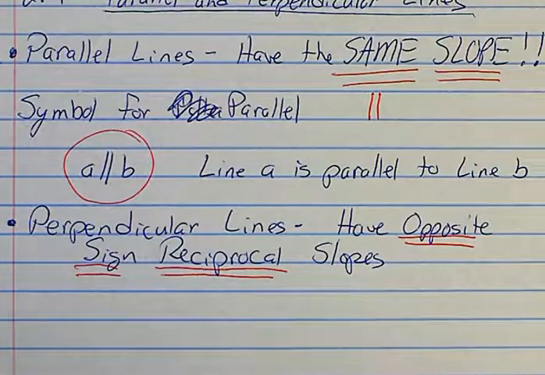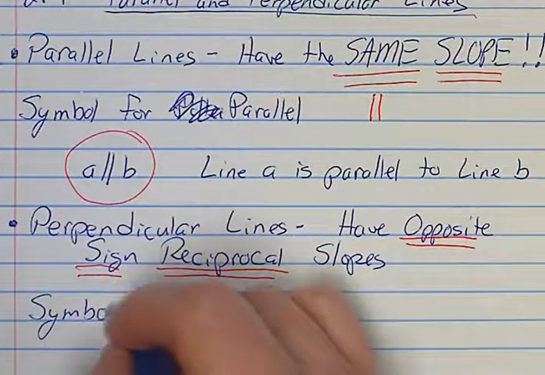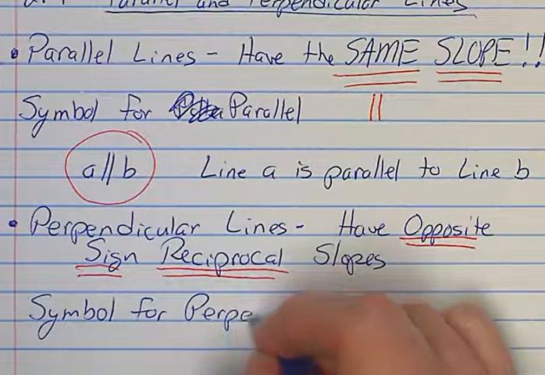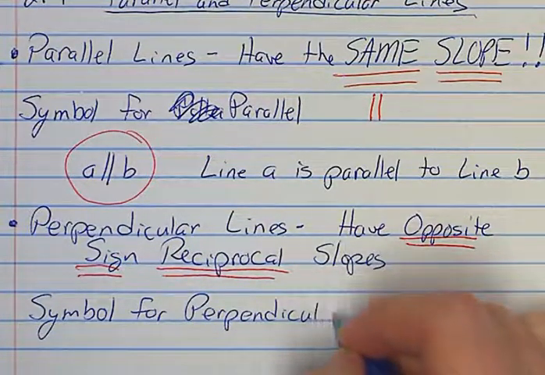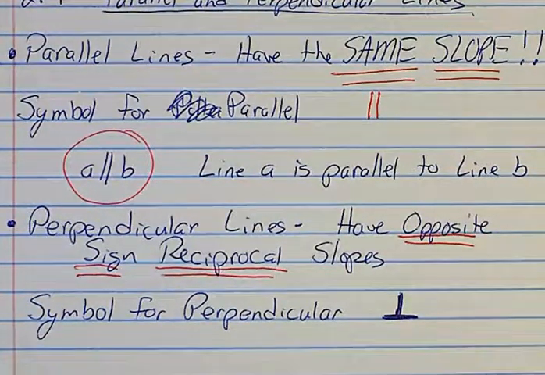And when we're talking about the reciprocals on these, here's basically your symbol. It's an upside down T. So it looks something like that.